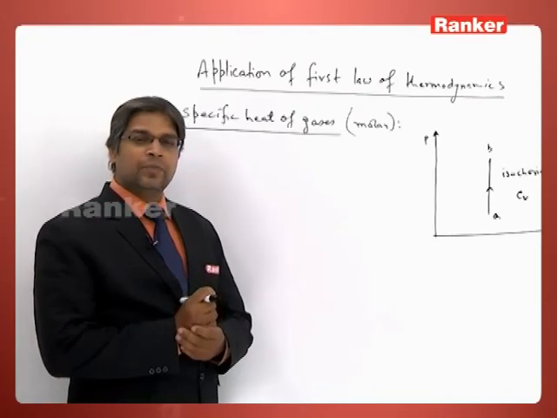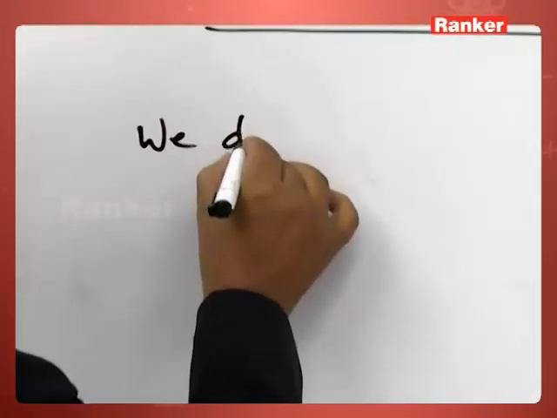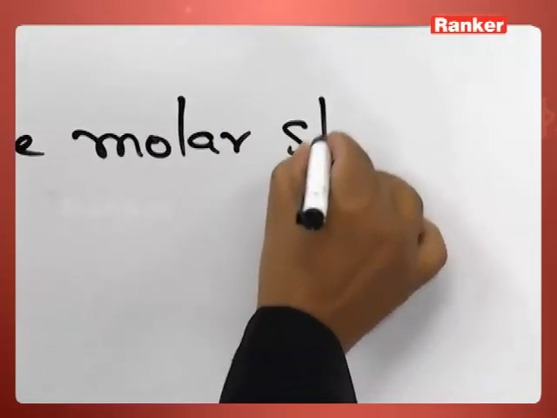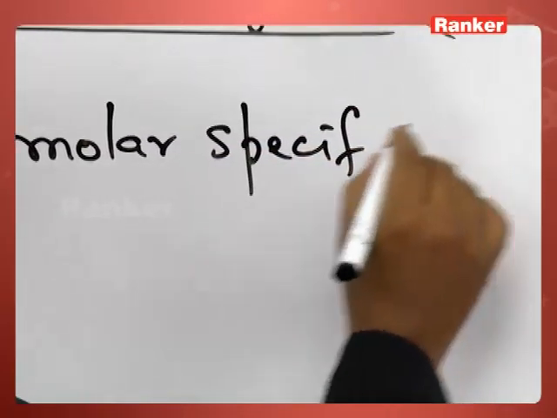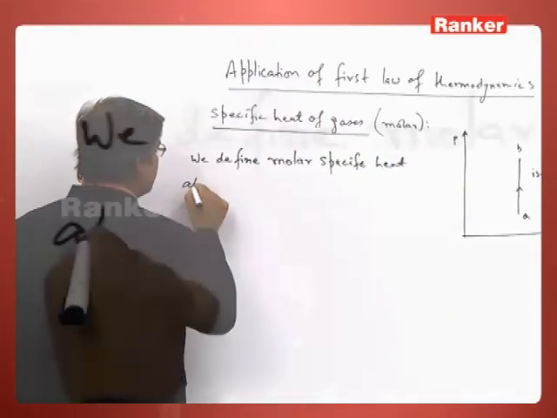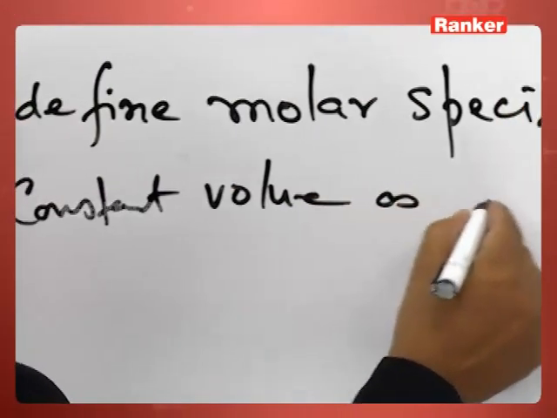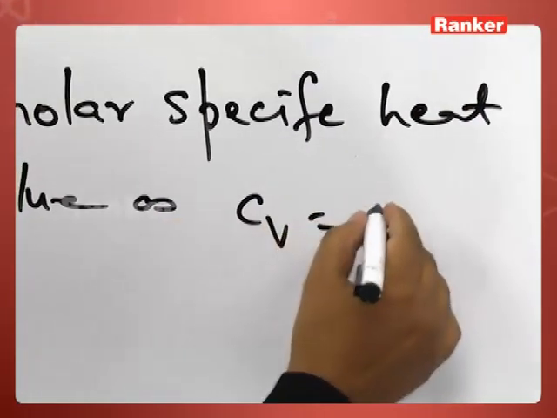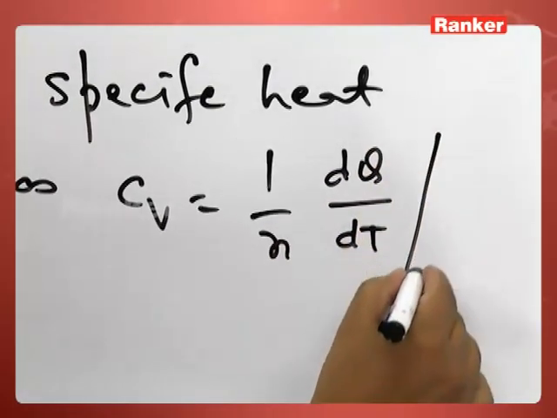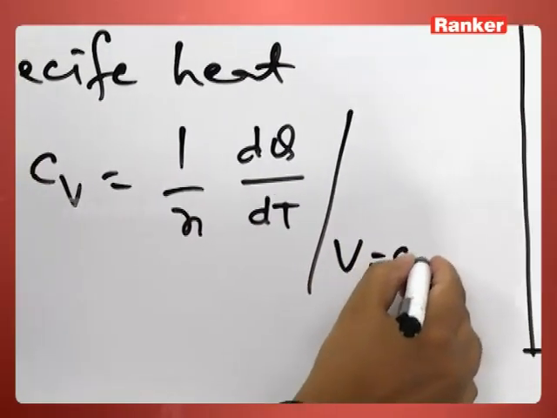Now we define molar specific heat at constant volume as Cv, equal to 1 by n dQ by dT at constant V. When I say constant V, that means V is equal to constant.